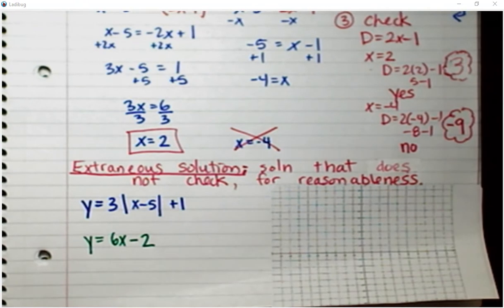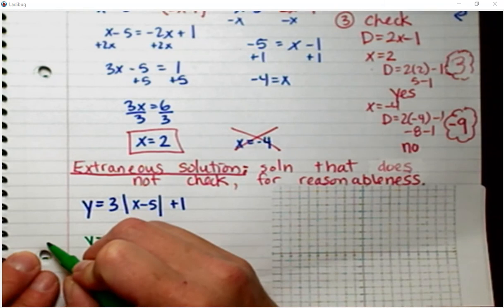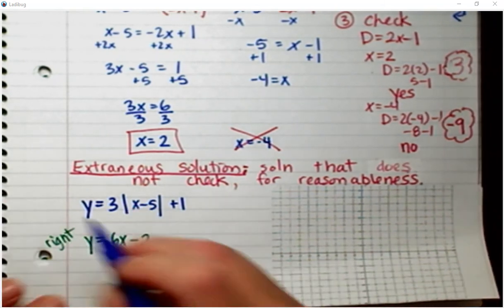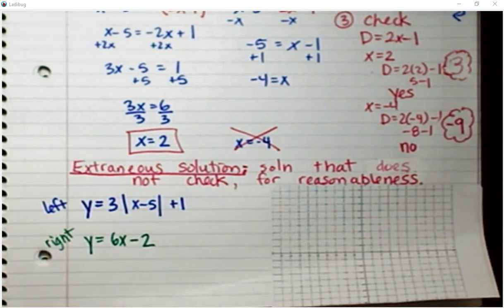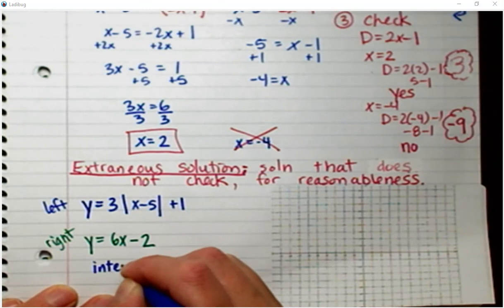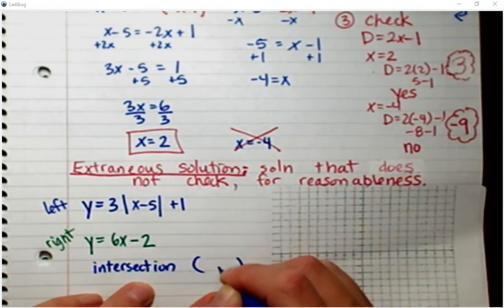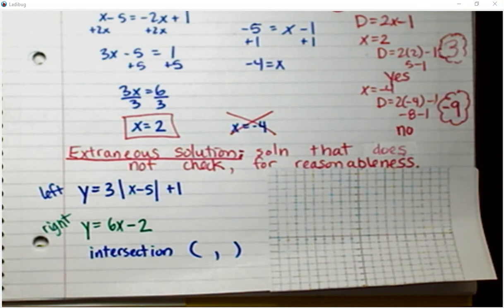Graph those two things, and then just label the intersection. The intersection is where they overlap.